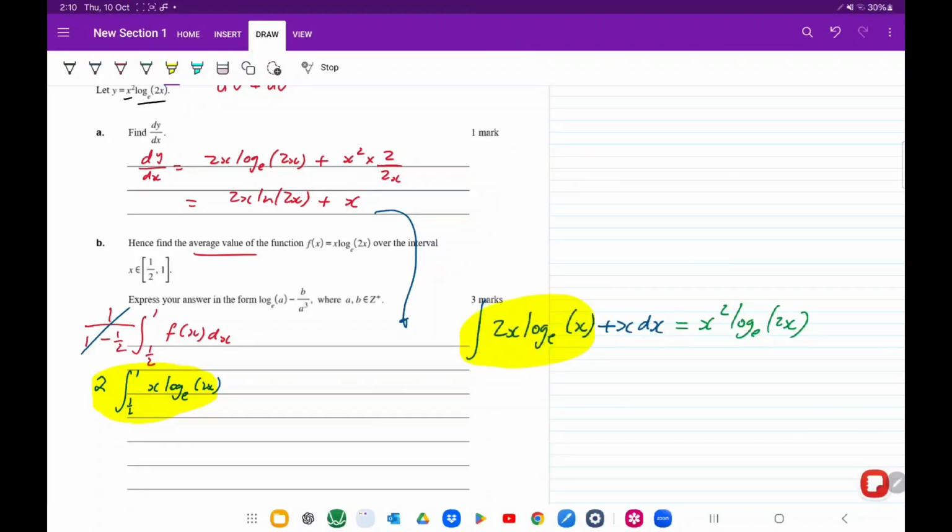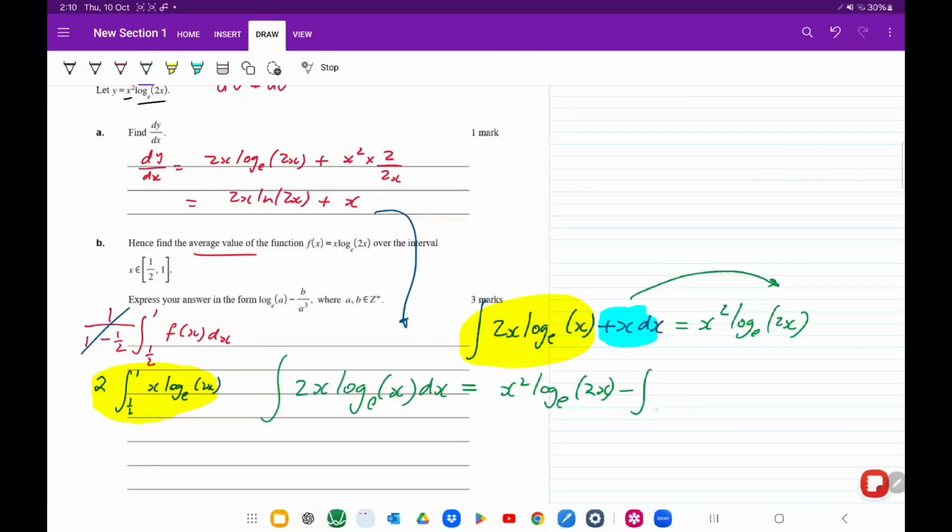We can work with those things, and this thing in blue, we're going to move to the other side. Okay, so this will end up becoming 2x log e x, and if I want to find the integral of that, that equals x squared log e 2x minus the integral of x dx.